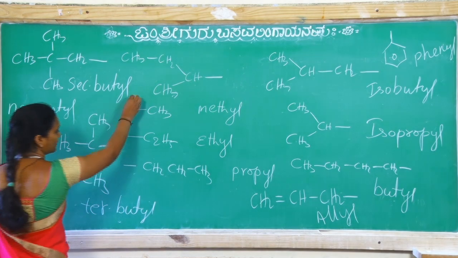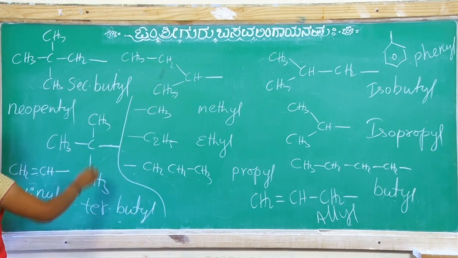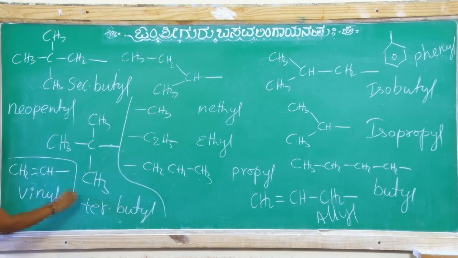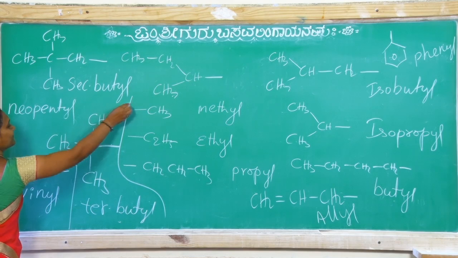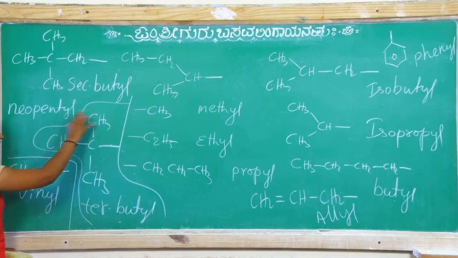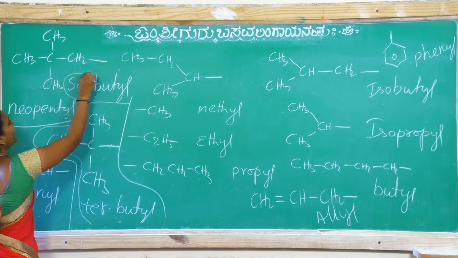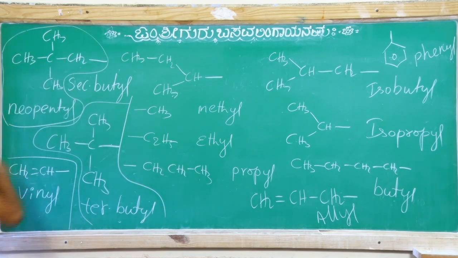Okay, all mixed. Let's see. Vinyl. Now it is like puzzle. This is tertiary butyl. This is neopentyl.